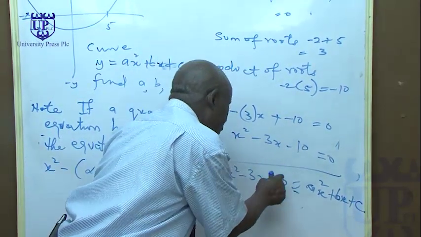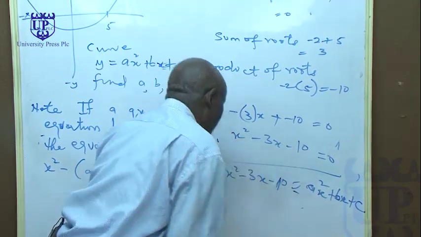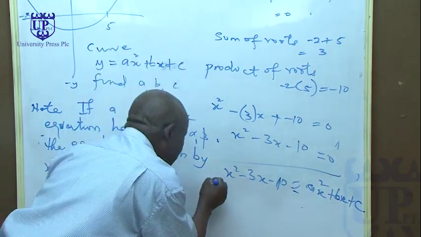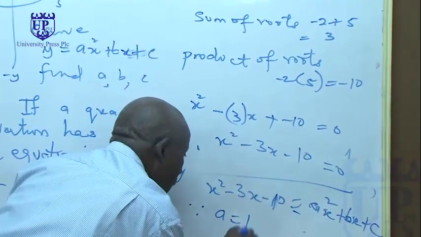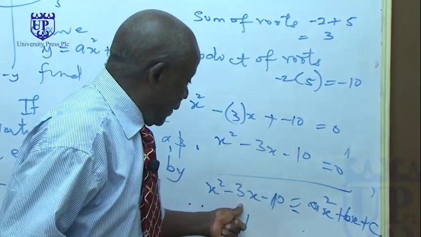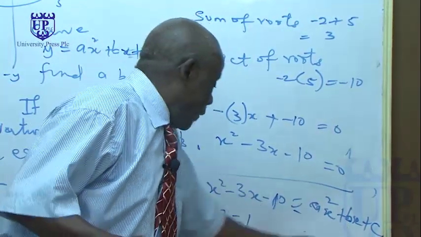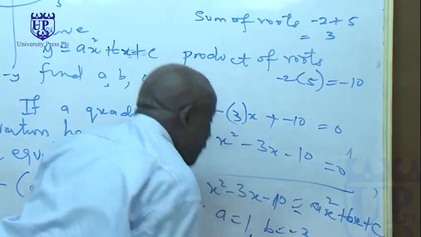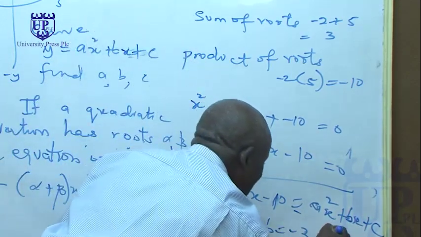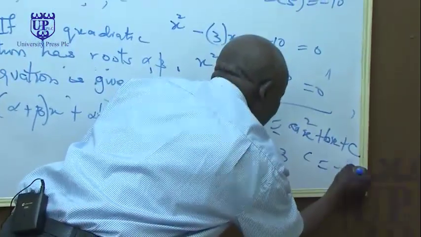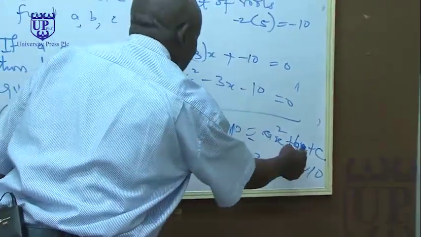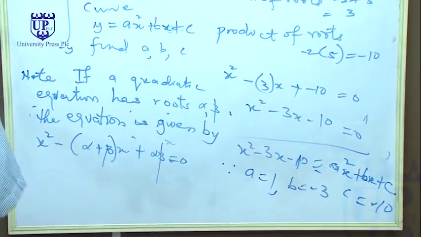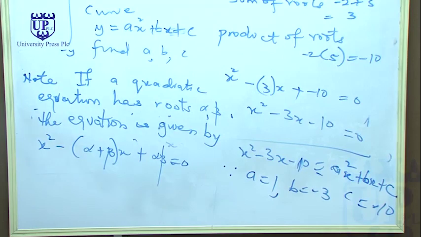From here, 1x squared is equivalent to ax squared, therefore a is 1. Minus 3x is the same thing as bx, it means b is equal to minus 3. The constant term is minus 10, that means c is minus 10. I don't want to waste your time on that. Let's continue.